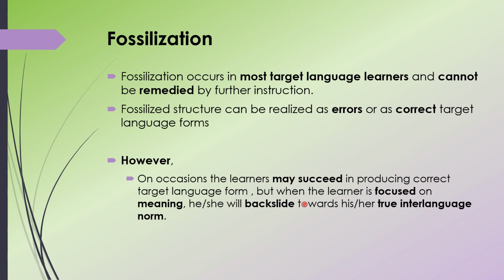So that's what we are referring to as backsliding to his or her true interlanguage norm. If you have not developed your interlanguage, then you will be stuck in that fossilized form. But don't worry, if you do not stop learning the second language, definitely you have the chance not to be fossilized.